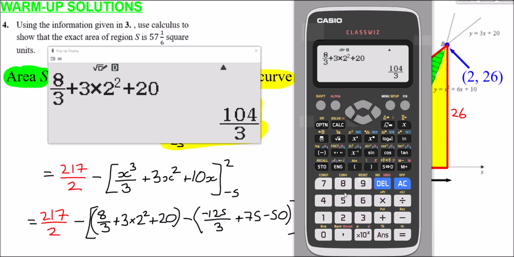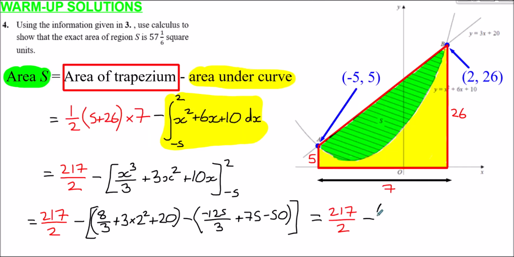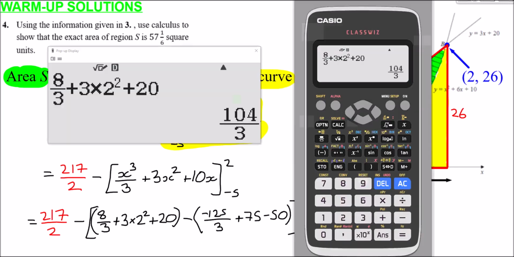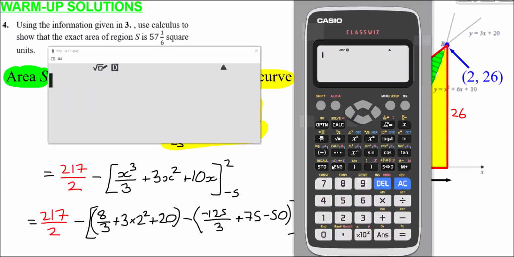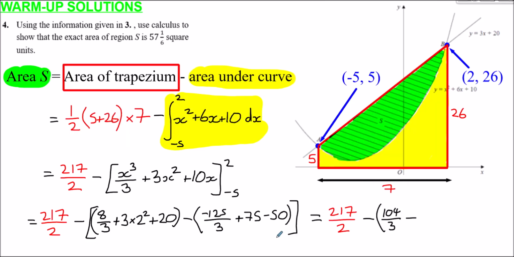So we can put this in as well. But I'm minusing whatever this is here. So now we type this in. So minus 125 over 3 plus 75 minus 50 gives minus 50 over 3. So minus 50 over 3, I can think of as being plus 50 over 3.